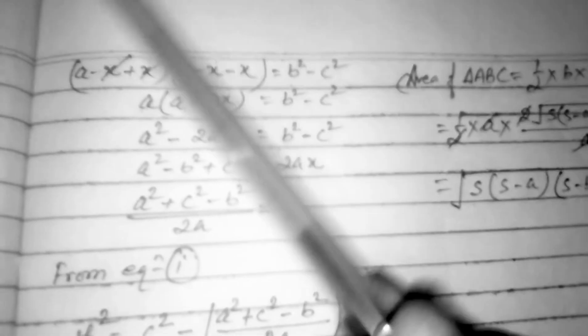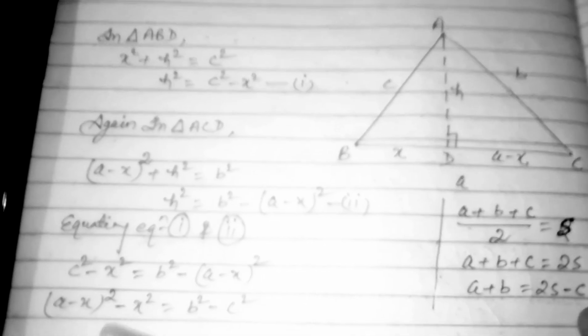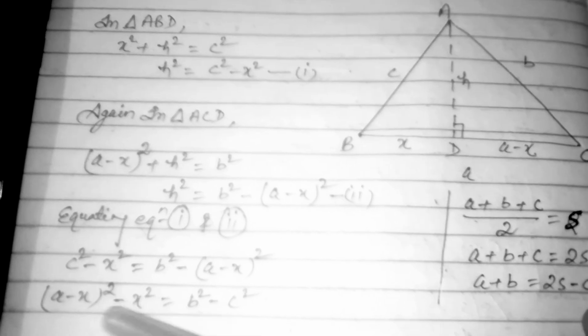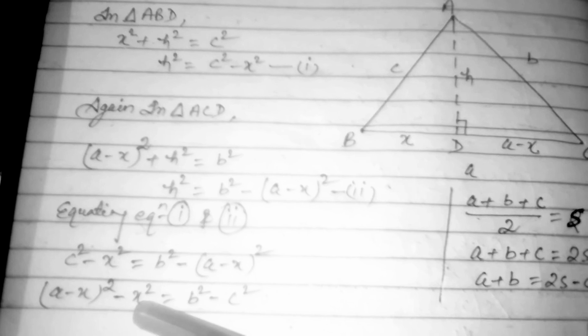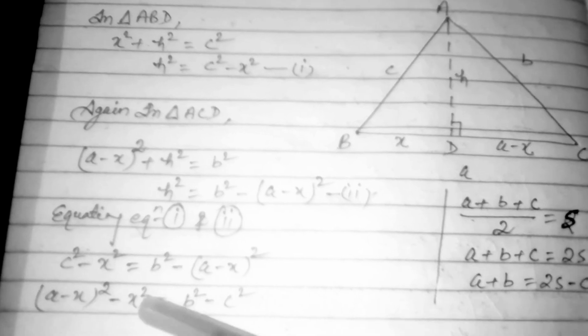Now you can see that it is in the form of a square minus b square. Then we can write (a plus b)(a minus b).